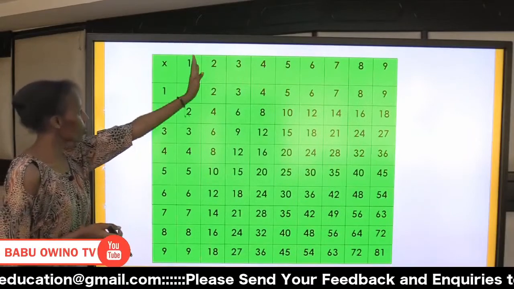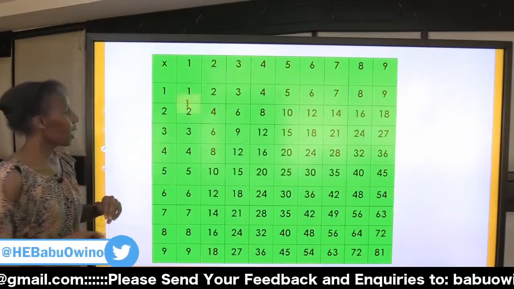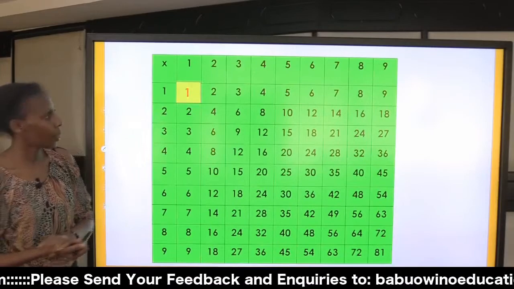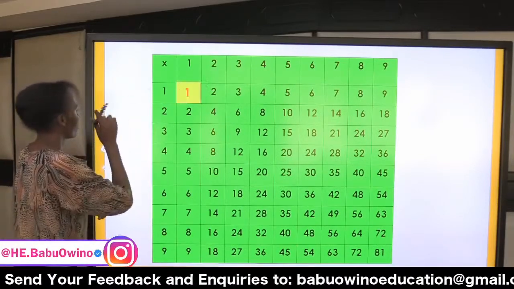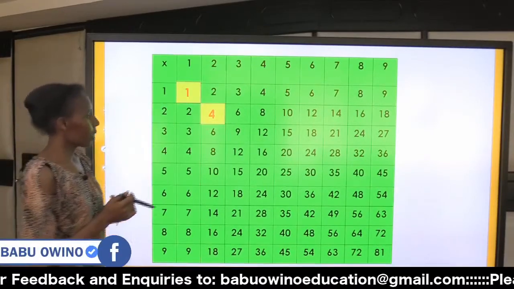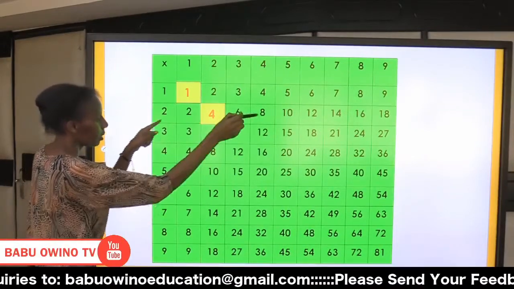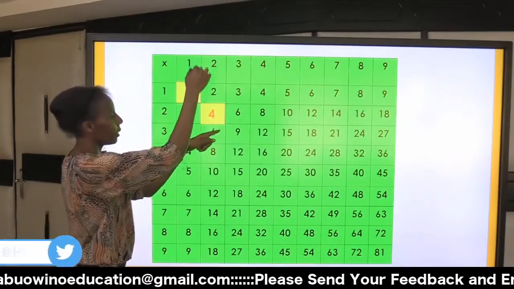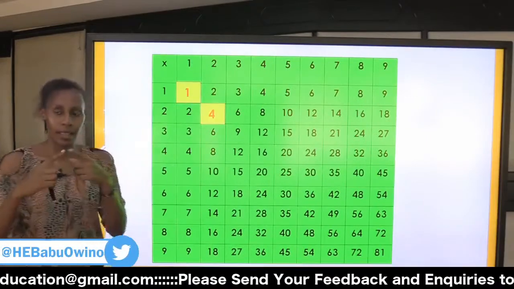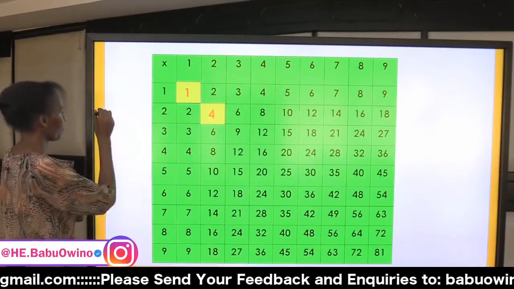We are going to start with 1 multiplied by 1, and the answer is 1. 2 multiplied by 2, the answer is 4. Remember the secret? Circle the number across, circle the number downwards. Where the 2 meet, there you get your answer.